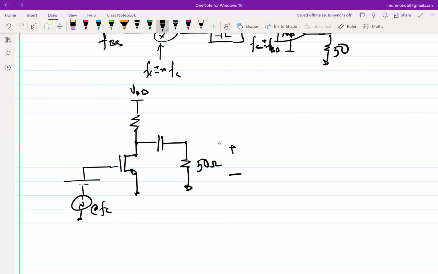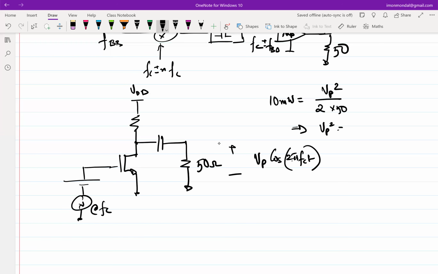If this is supposed to be a sinusoidal signal, Vp cosine 2 pi fct, then it should correspond to Vp squared by 2 times 50. In other words, your Vp squared is 10 times 100 milliwatt, which is 1 watt, so Vp is 1 volt.